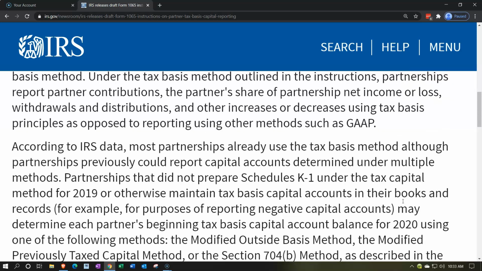According to IRS data, most partnerships already use the tax basis method, although partnerships previously could report capital accounts determined under multiple methods.